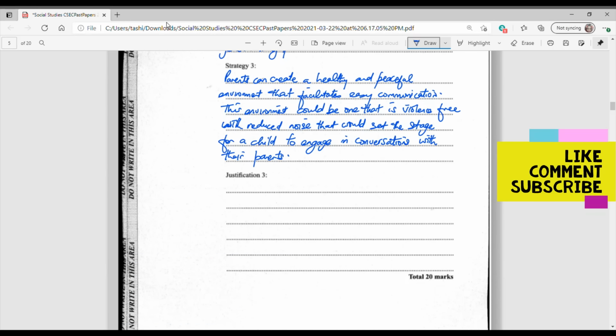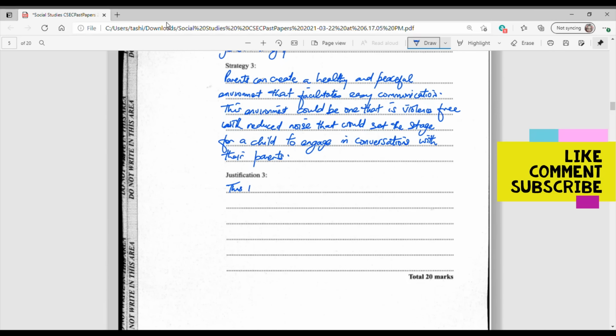Why is this likely to be successful? We are going to just explain why it is likely that this will work. So with the absence of distractions and with the absence of fear, children are more likely to communicate with a parent. Children are more likely to open up with a parent once the environment is conducive. So we're going to explain that.